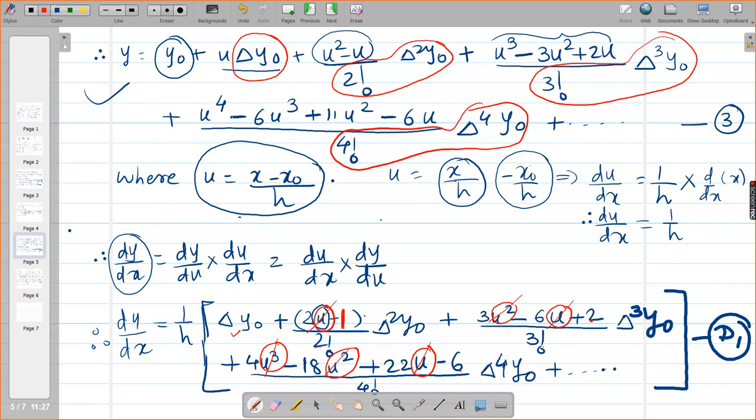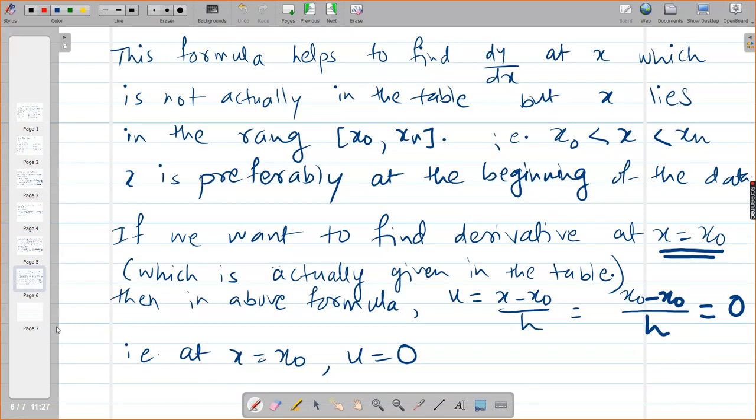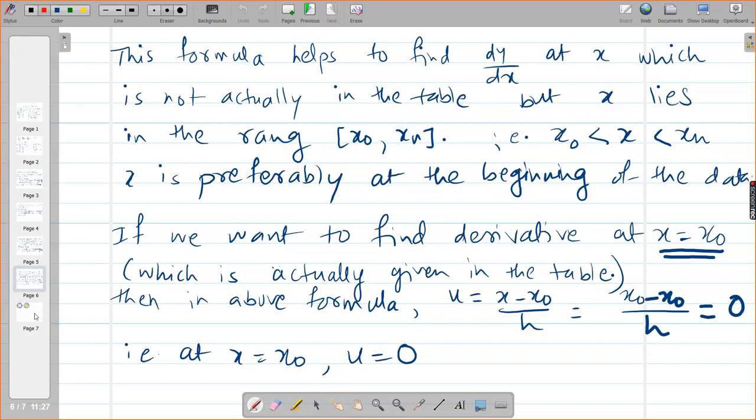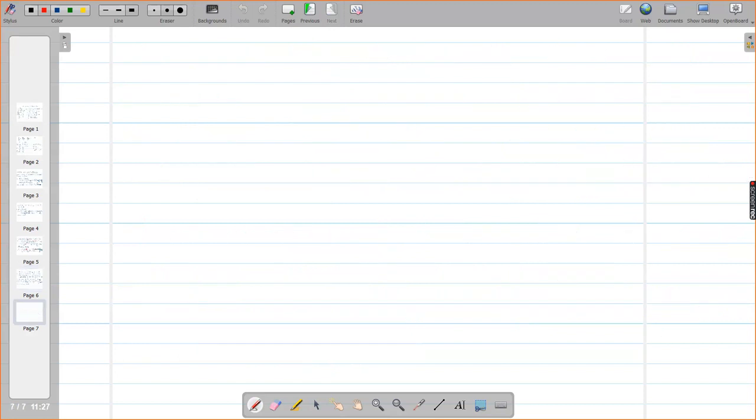That will be reduced to 1/4. Are you getting me? So just substitute u equal to 0 in equation D1.